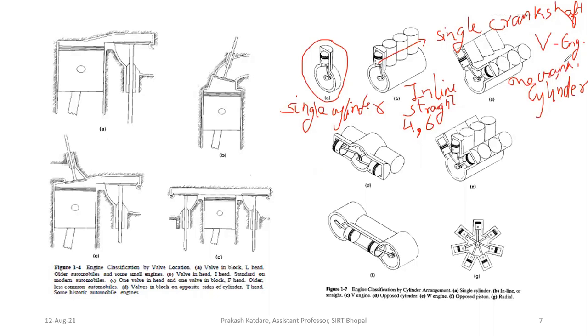Mostly high power vehicles, or you can say SUVs, sports utility vehicles, have V-shaped engines. Also, in this, generally the number of cylinders is more than 6. The most common type of V-shaped engine which we can see in practical life is a V8 engine.